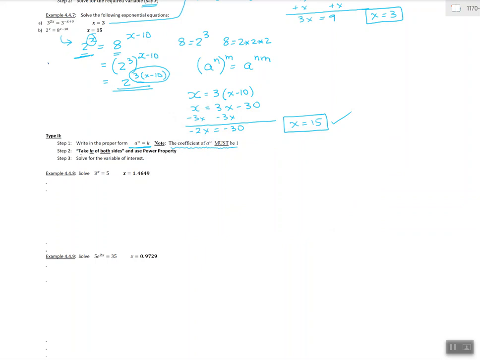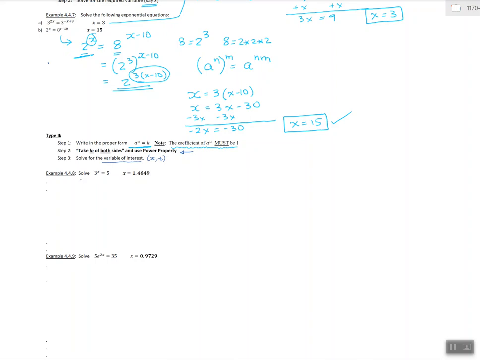Then after that, the step 2 is that you take ln, which means log of both sides, and then use the power property of logs. After that, you solve for the variable of interest, whether it is x or t or whatever.